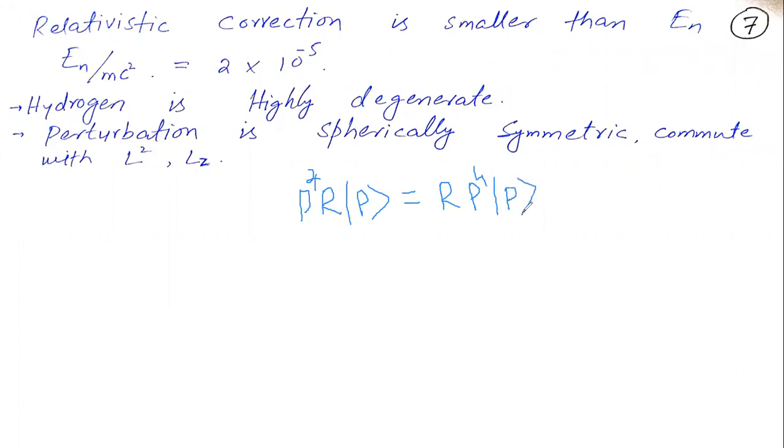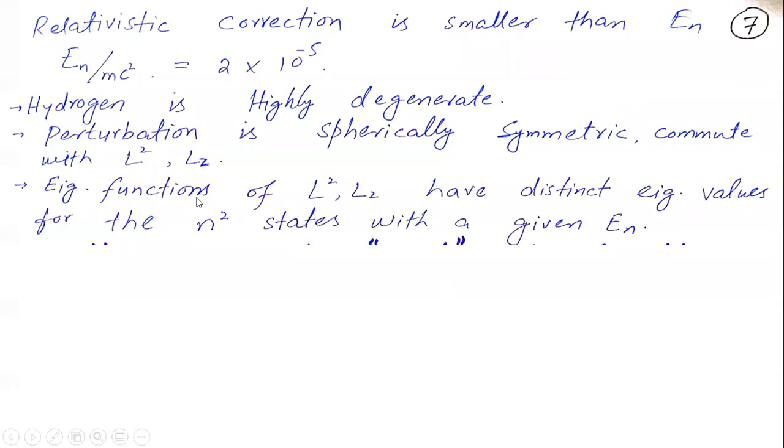So that allows us to use the eigenstates of these two operators. The eigenfunctions of L square and Lz have distinct eigenvalues for the n square states with a given value of n.